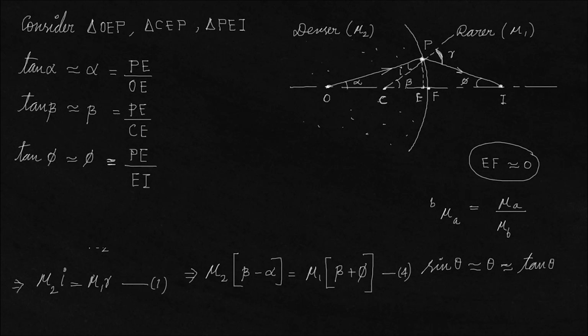So this equation will become mu2 into beta, which is PE divided by CE, minus alpha, which is PE divided by OE, equal to mu1 into beta, which is PE divided by CE, plus phi, which is PE divided by EI.